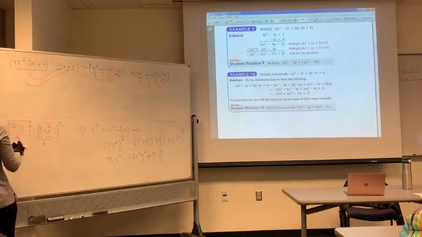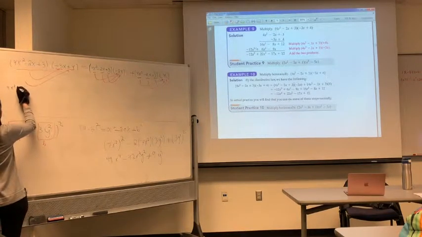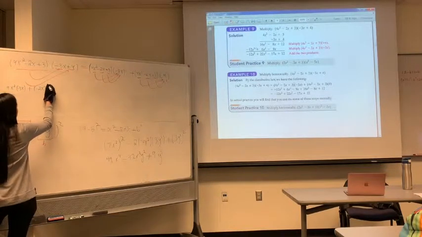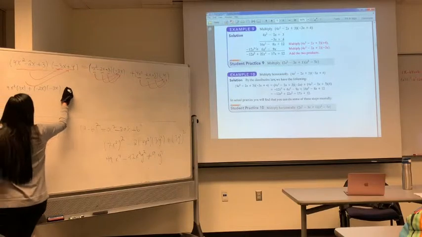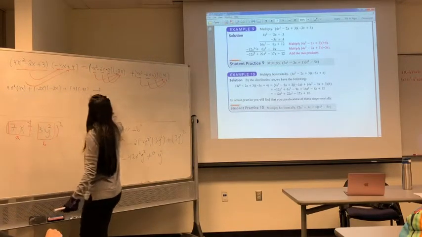So now I will multiply 4x squared by negative 3x. Then I have negative 2x multiplied by negative 3x. Then I have 3 multiplied by negative 3x. Okay, we are done with this part.